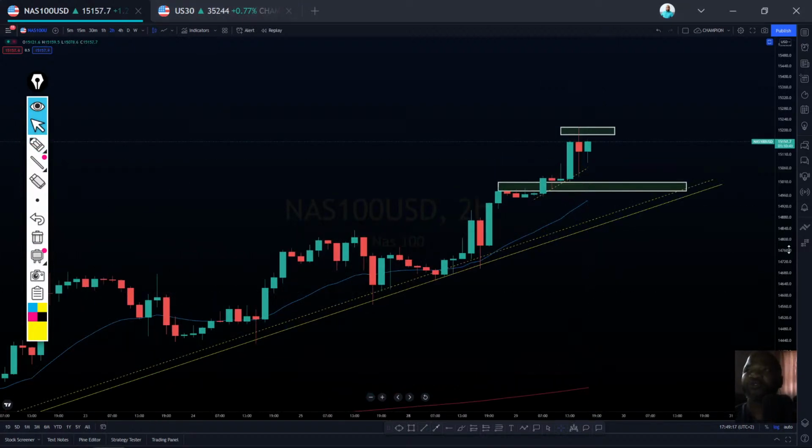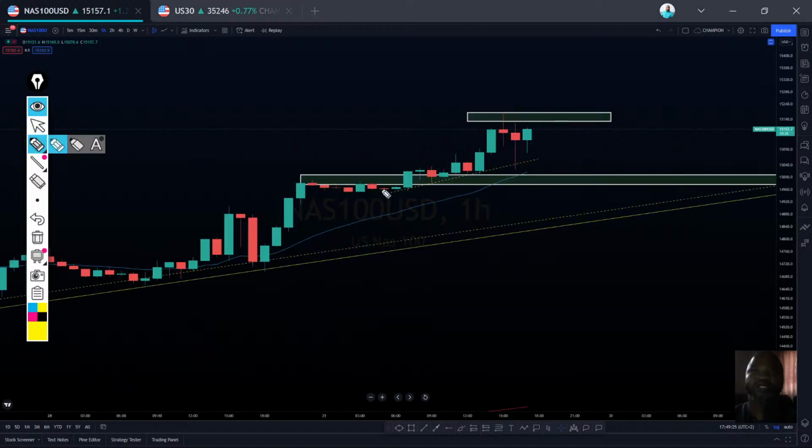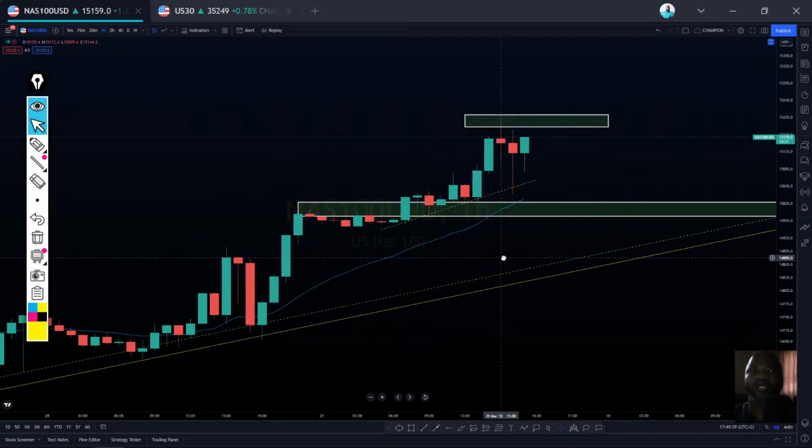So let's see this thing that I want to show you guys, that our price gave us this type of structure. You can see the trend line here. The price has been respecting this area. Clearly the price is making this area our counter support zone.